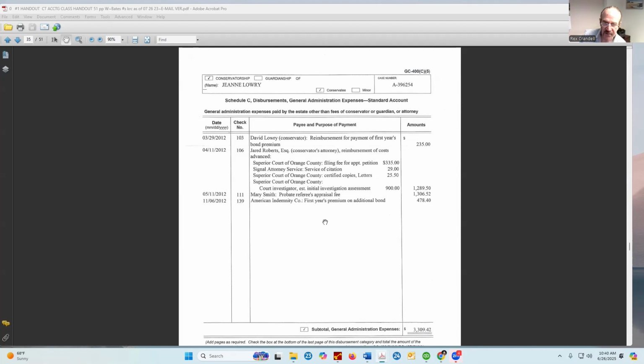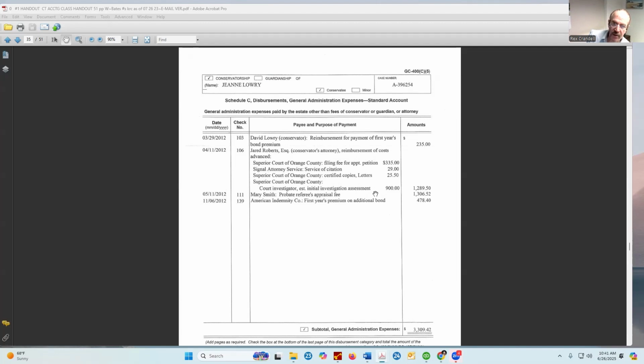Not really attorney's fees. You cannot take attorney's fees or executor fees in a probate or guardianship conservatorship without court approval. So the only thing you're allowed to pay on your own without court order is reimbursements. In this case, the attorney is getting reimbursed for court costs.